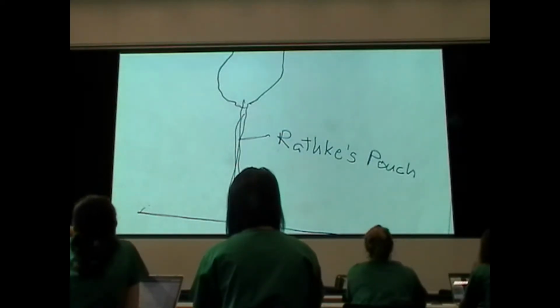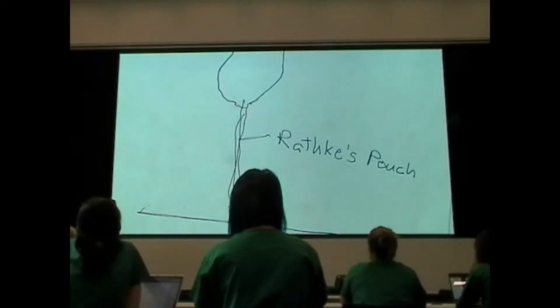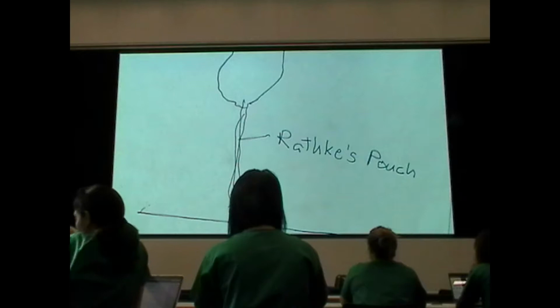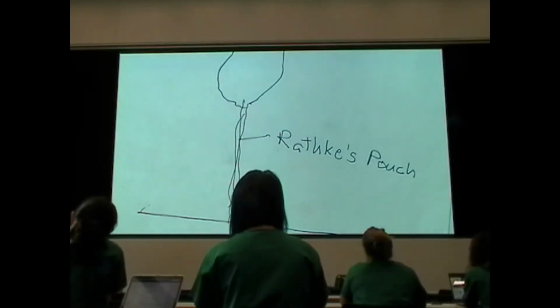tooth right up in the pituitary gland. Well, that's very uncommon, that a tooth would get carried up into the developing pituitary. But very frequently, salivary glands get taken up and become part of the pituitary.